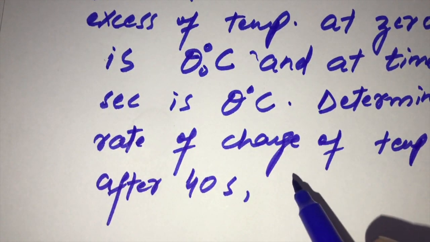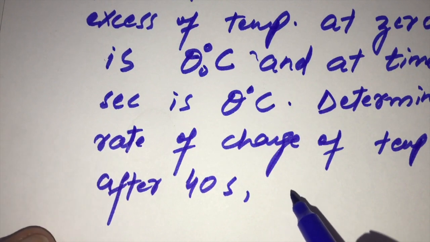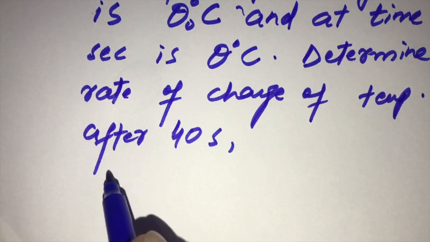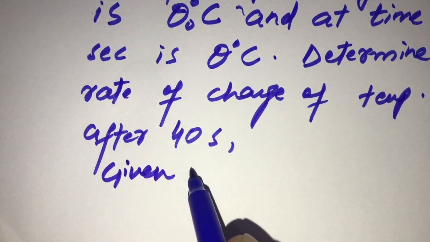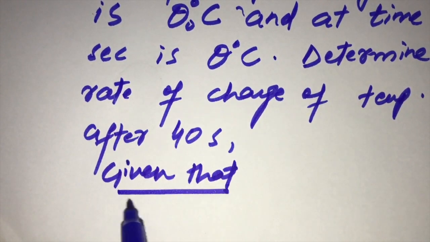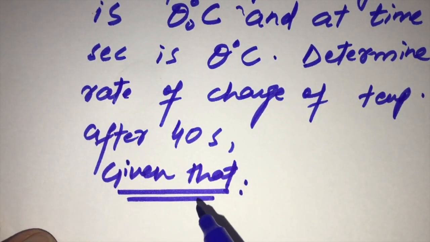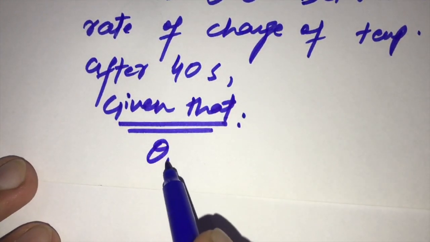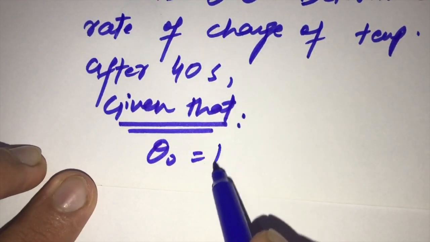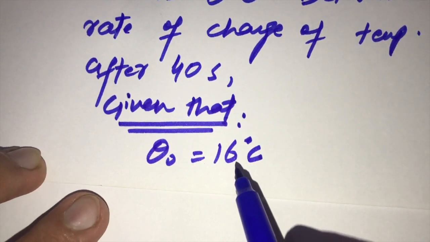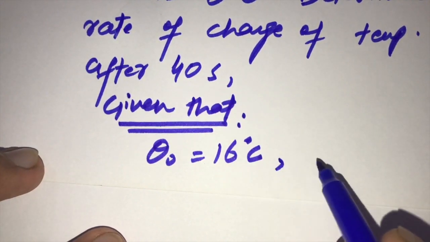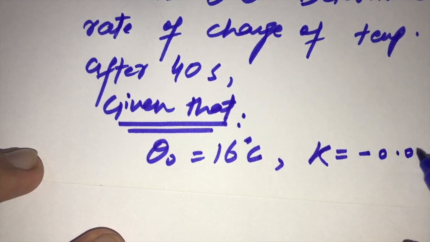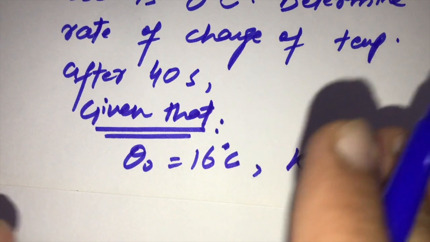Given that, what is given? Theta naught is equal to 16 degrees Celsius, and K is equal to minus 0.03.